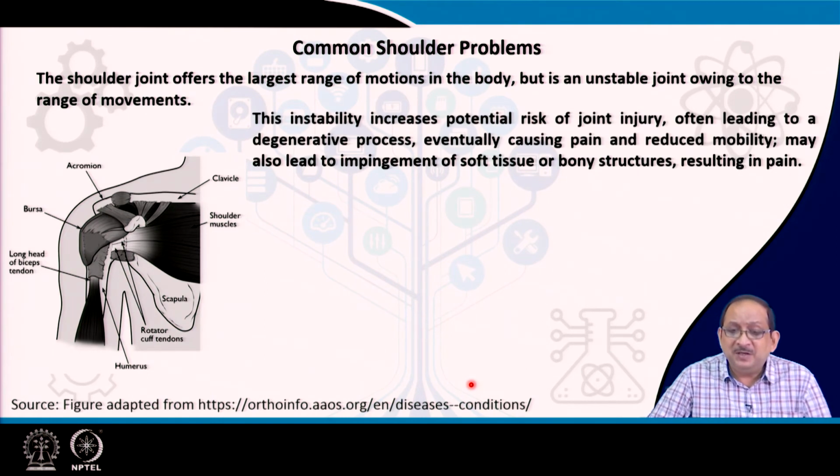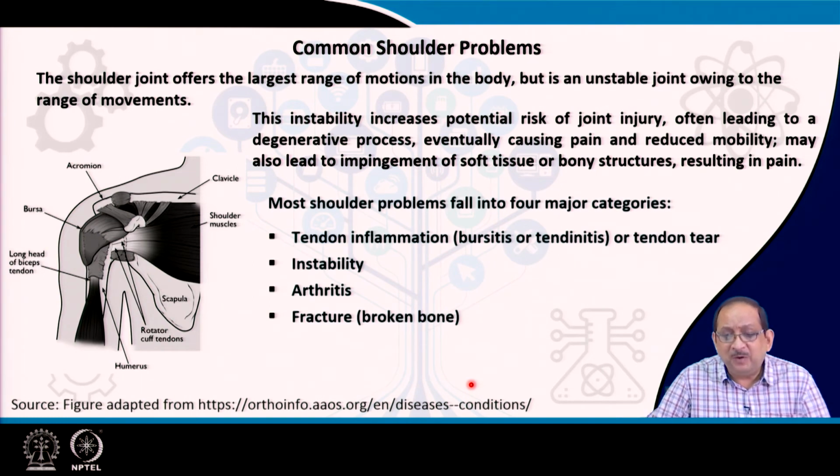This instability increases the potential risk of joint injury, often leading to degenerative process, eventually causing pain and reduced mobility. It may also lead to impingement of the soft tissue or bony structures, resulting in pain.